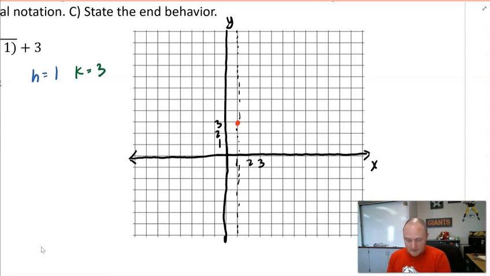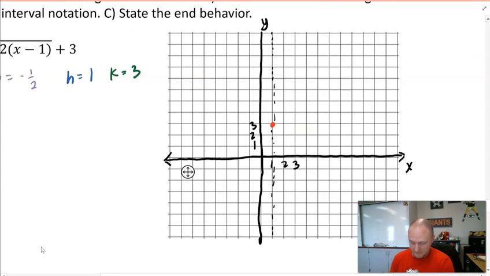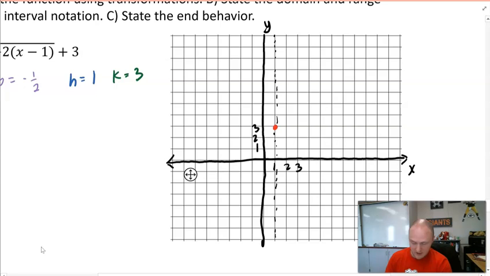Okay, so my next point, I'm going to go left 1 and down 1. But instead of going left, I'm going to go right because I'm reflecting. So right 1, down 1. And then instead of going right 1, I have a horizontal compression by a factor of 1/2. So that's going to be right 1/2, down 1. So right here.